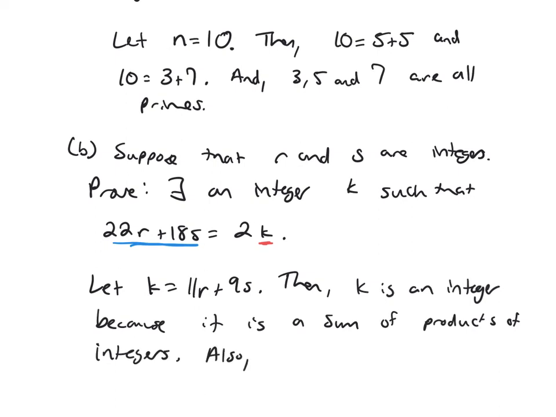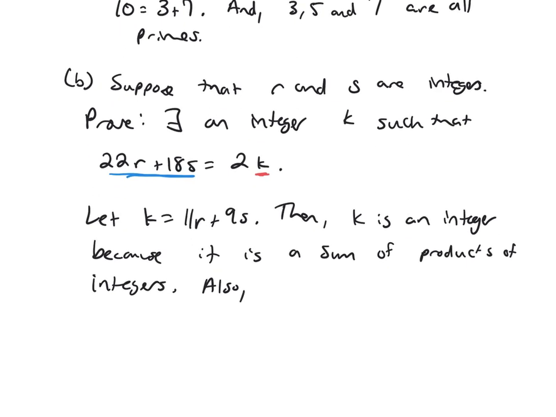Also, if we look at 2 times k, this is 2 times 11r plus 9s, or 22r plus 18s. So in both cases, we were asked to find the existence of an integer, and we found those.